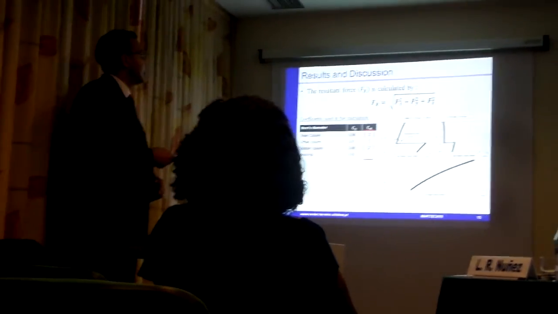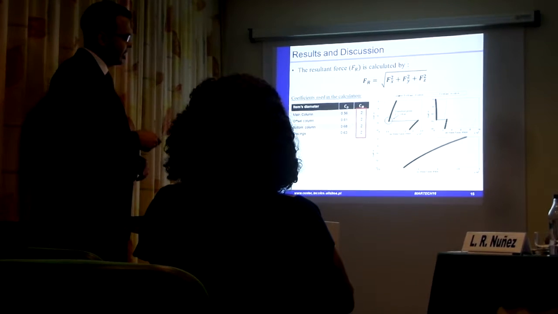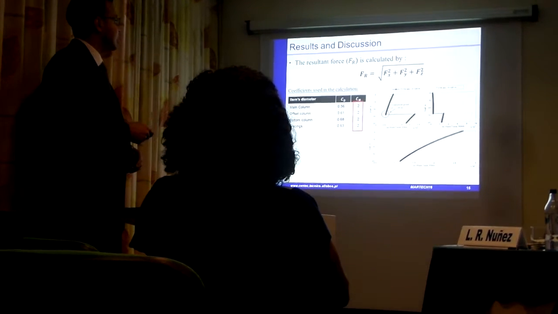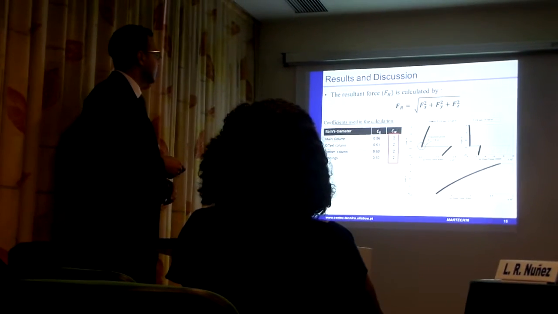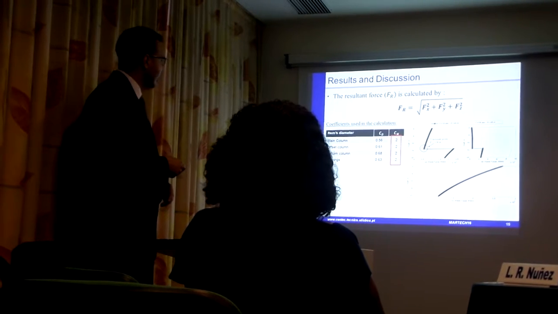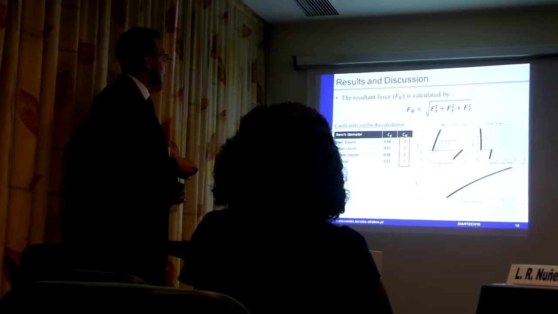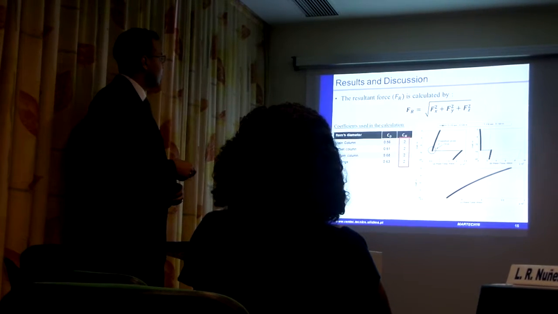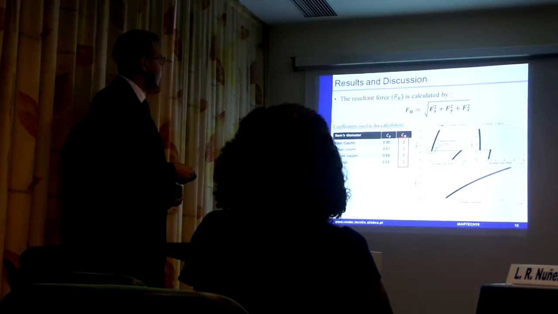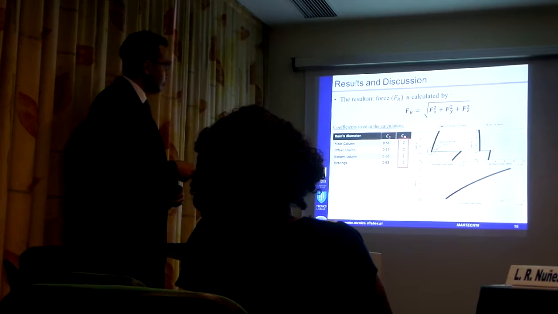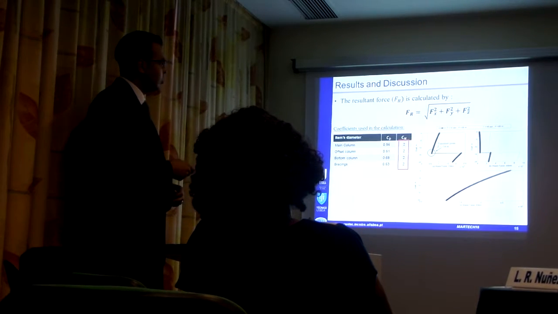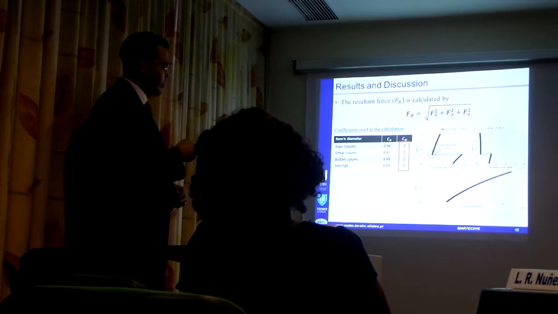We have calculated in the 3 directions, x, y, and z, and calculated the resultant force. The coefficients used in the Morison equation are here. We have varied the drag coefficient and kept the inertia coefficient constant. Those values are taken from Robertson et al. on the OC4.